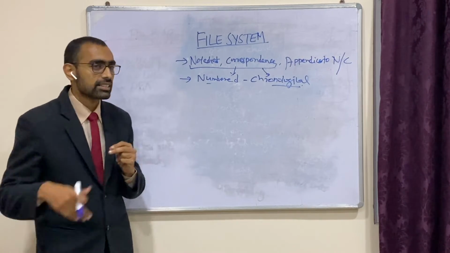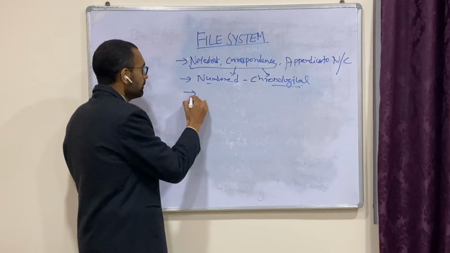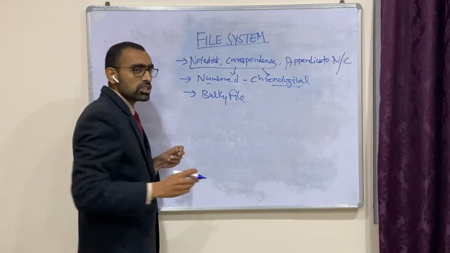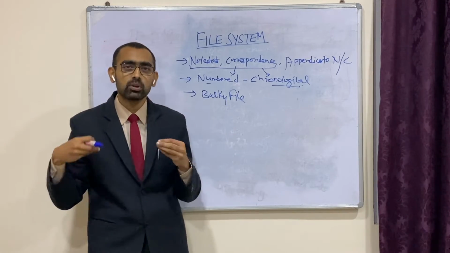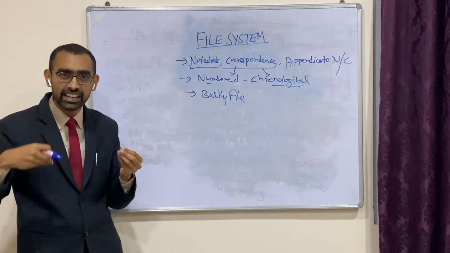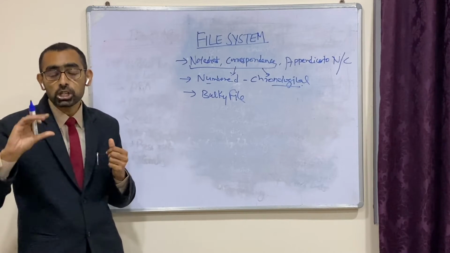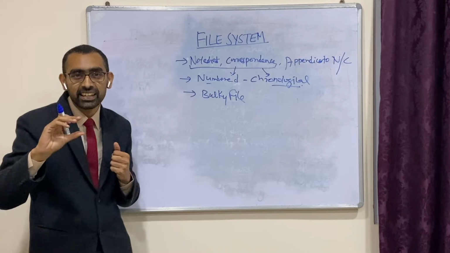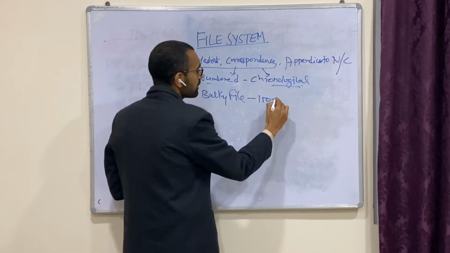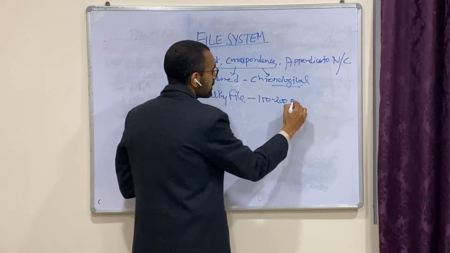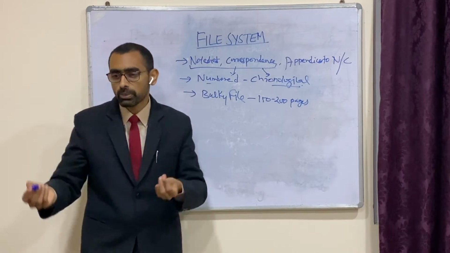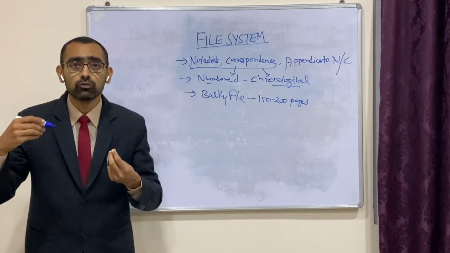Now what you have to understand is the bulky file. With time, more and more correspondence comes, more and more notes are being made. Every day some new correspondence is coming, and slowly the file becomes bulky. Generally it is advised that when it crosses 150 to 200 pages of correspondence, you should open a subsequent volume.